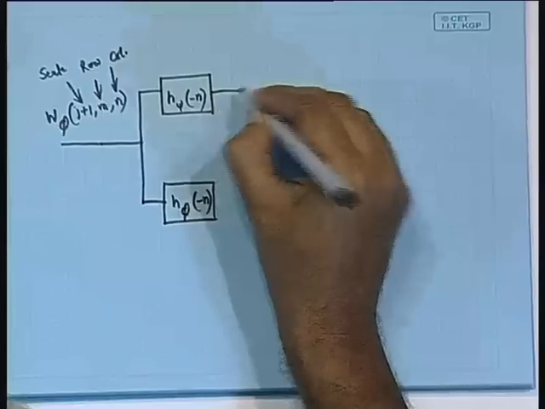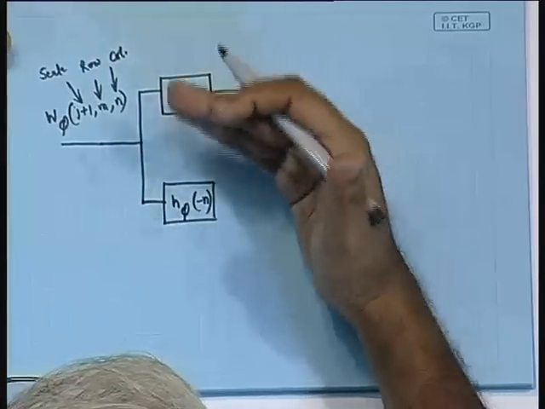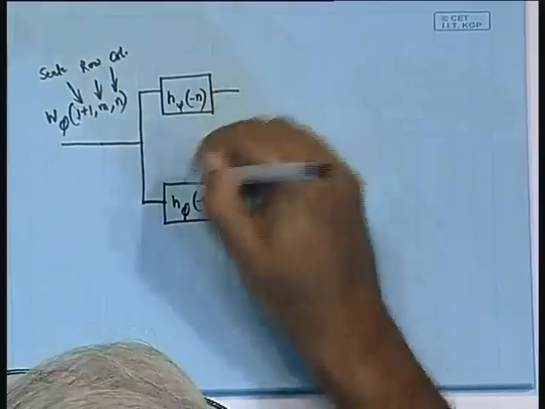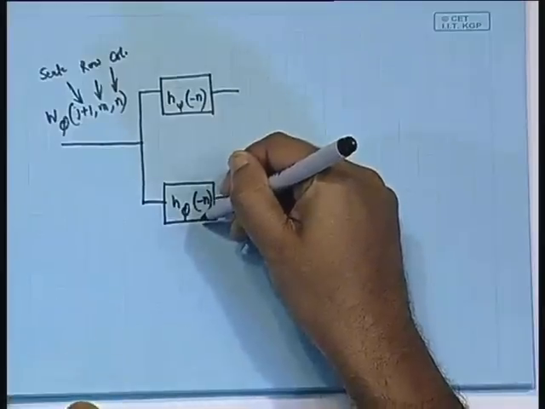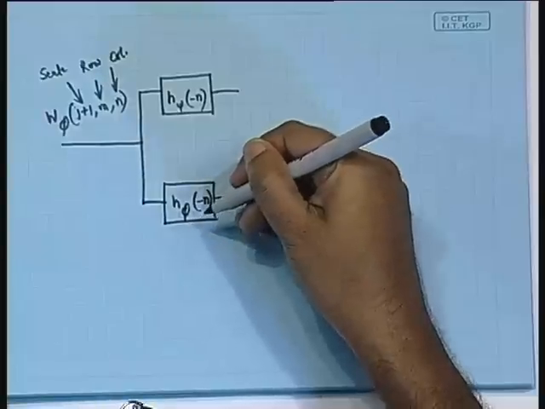Now, because we are splitting up the signal into two bands, one is the low pass filtered version and the other is the high pass filtered version. H psi gives the high pass filtered version, and H phi filtered by H phi gives us a low pass filtered version of the signal.